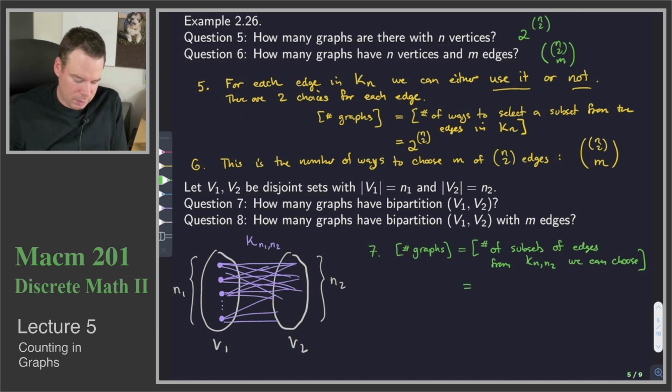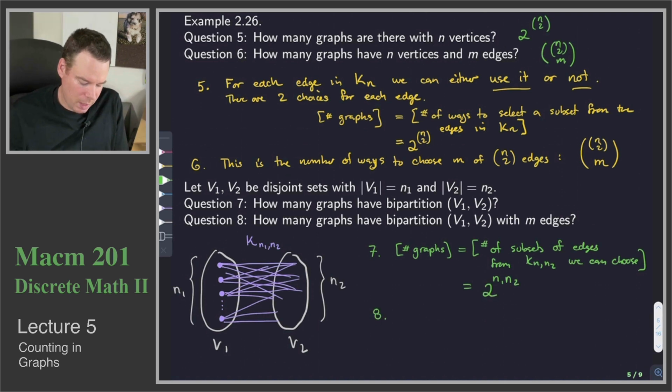And so that's a collection of how many edges? Well, there's n1 times n2 edges. So that's my set of n1 times n2 possible edges, and I want to know how many subsets I can choose from that. Well, it'll be 2 to the power n1 n2.